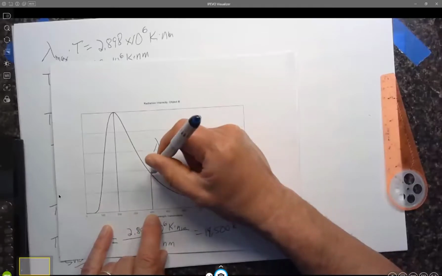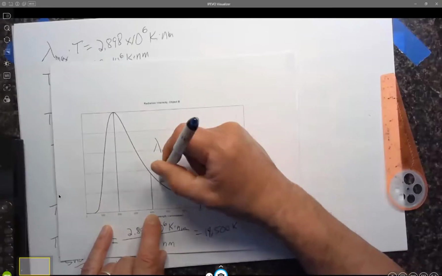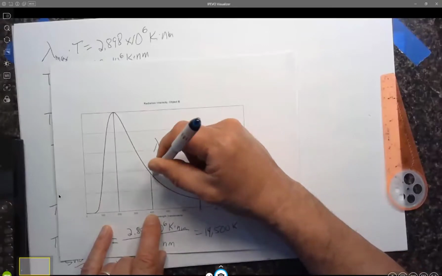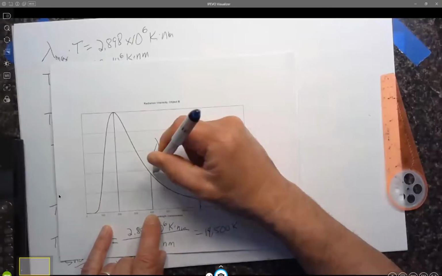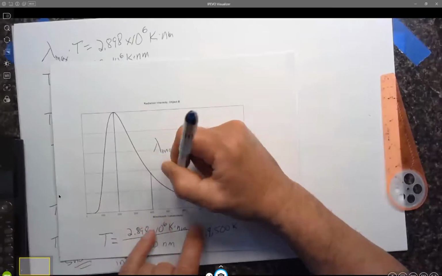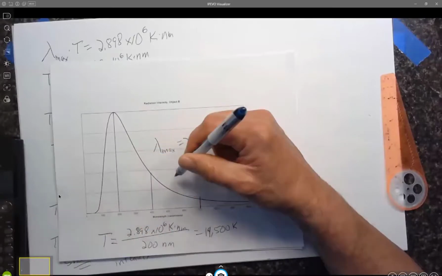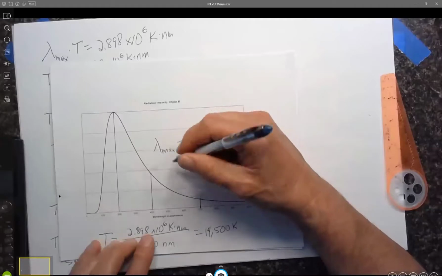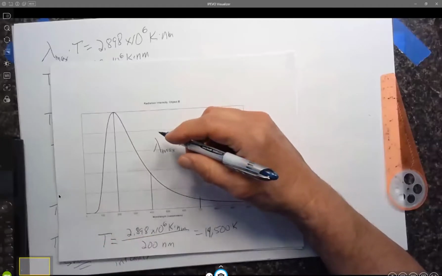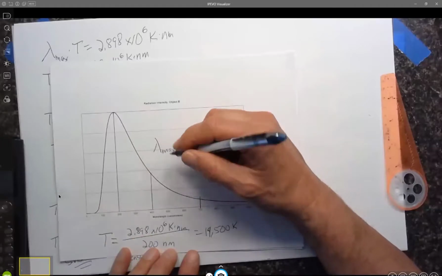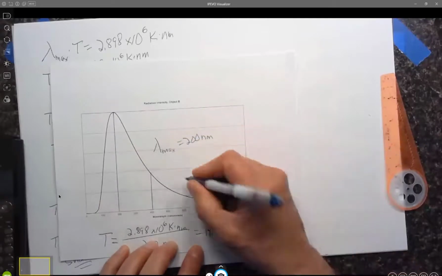But this one has a better mix of colors across the visible spectrum, but still more violet than at the red end. To our eyes, it would look like a bluish white or a very bright white.